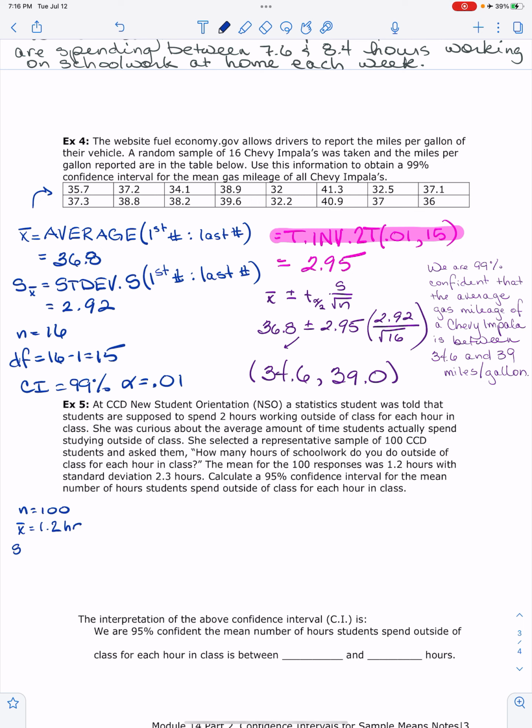Our standard deviation, and this feels a little weird, we're not used to having a standard deviation that's bigger than the average, but that's okay. We want a 95% confidence interval. If n equals 100, our degrees of freedom is 99.